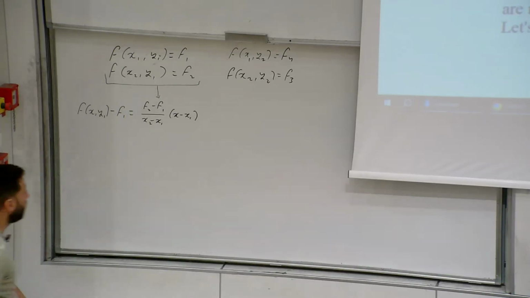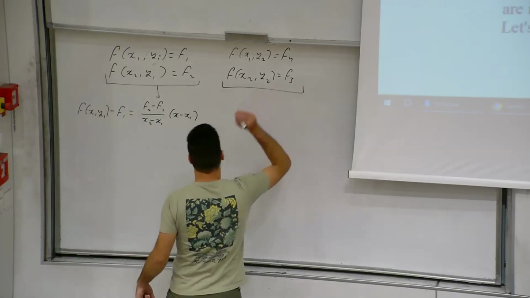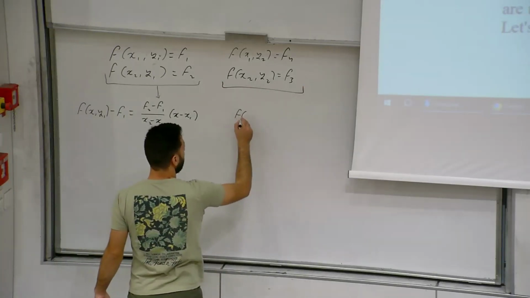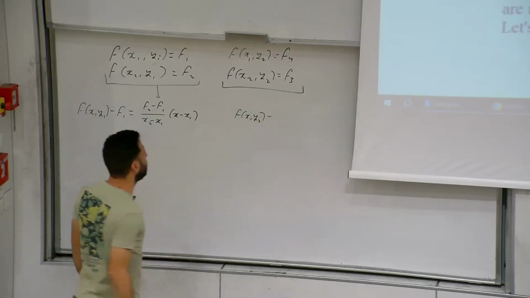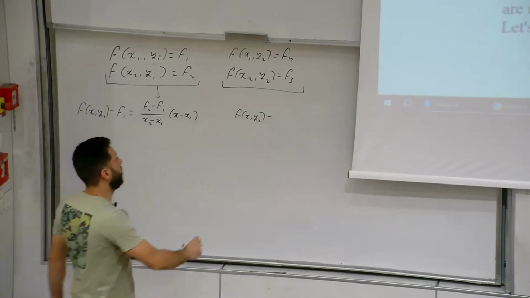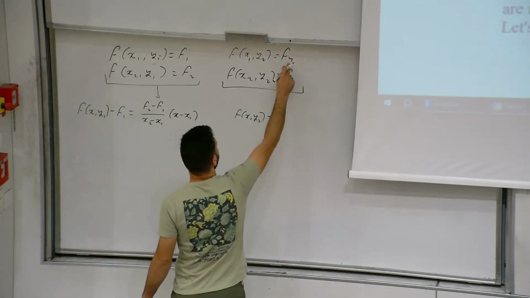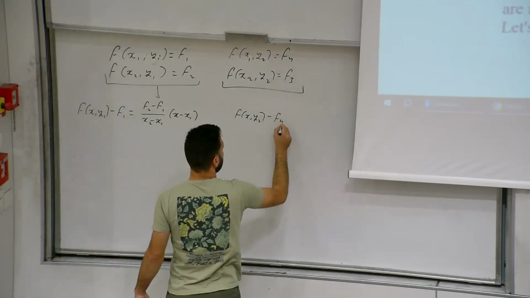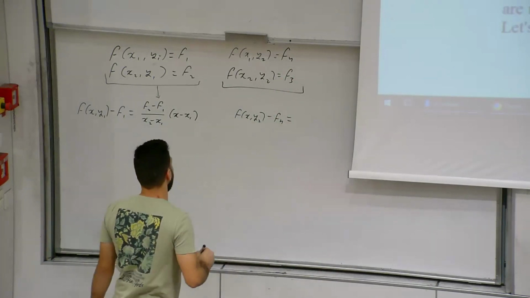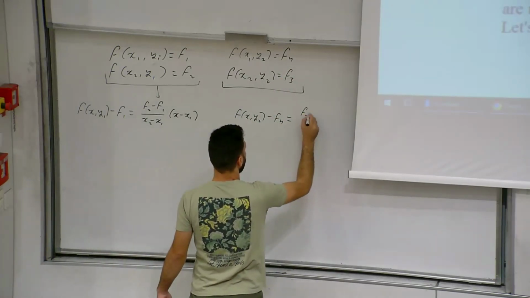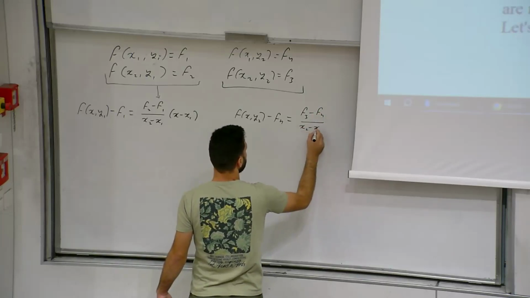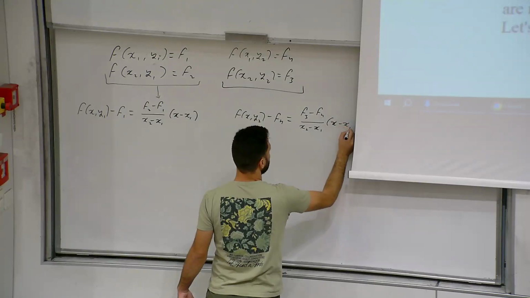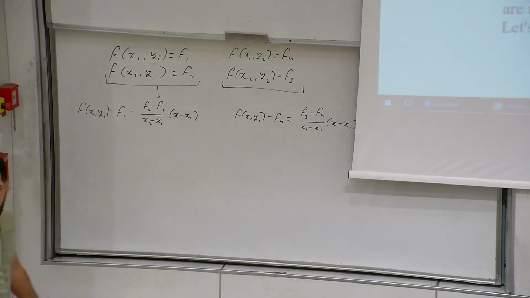And from this, we get f of x, y2 minus, for example, f4, it is f3 minus f4 divided by x2 minus x1, times x minus x1. It's the linear interpolation.